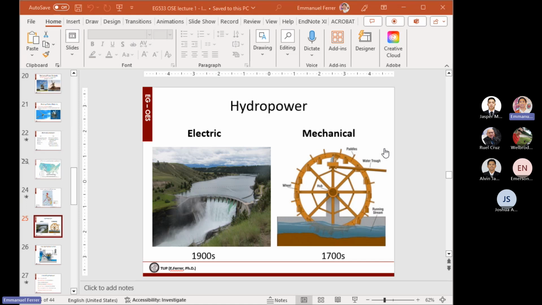Sa Pilipinas, nag-research tayo sa for sure, no? Ito very crude example.